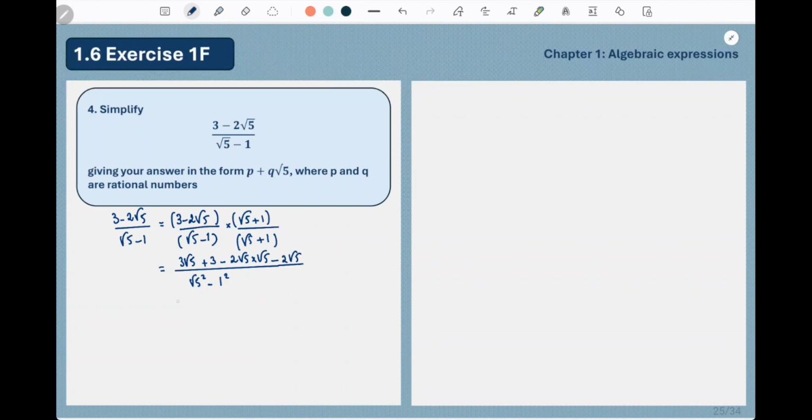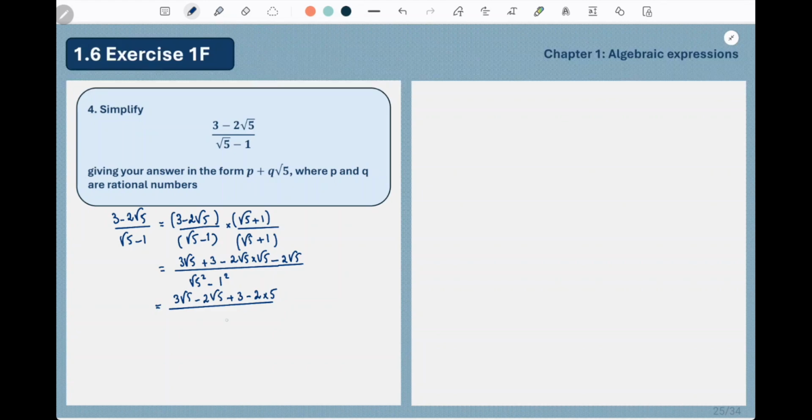So it remains as it is. Then we have to simplify. So 3 square root of 5 minus 2 square root of 5. We can add those two together because they share the same term. And then plus 3 minus 2 times 5. And the 5 comes from the square root of 5 being multiplied by itself.